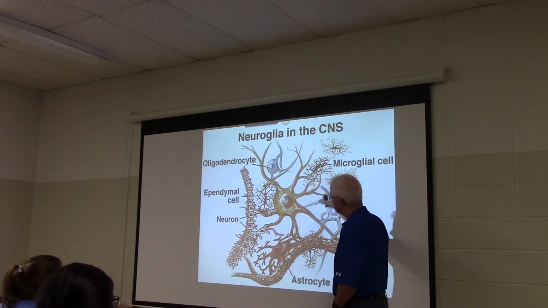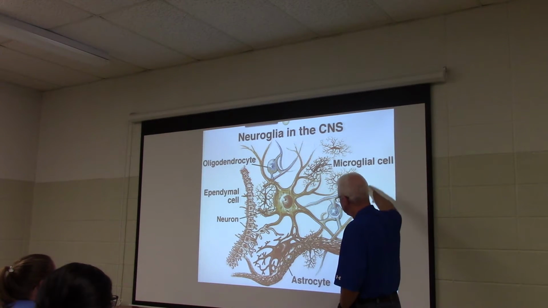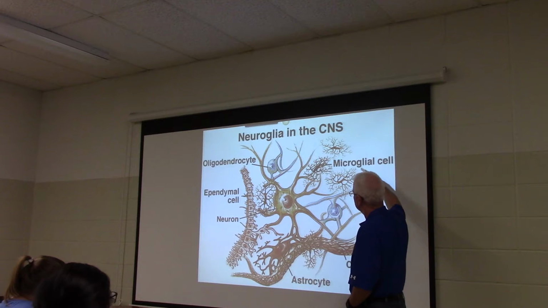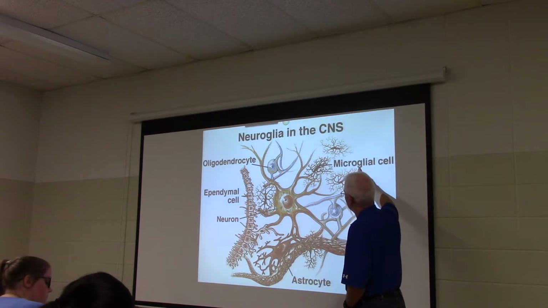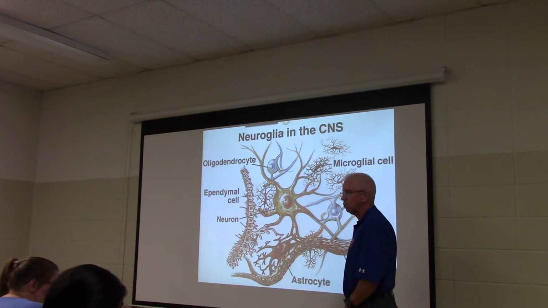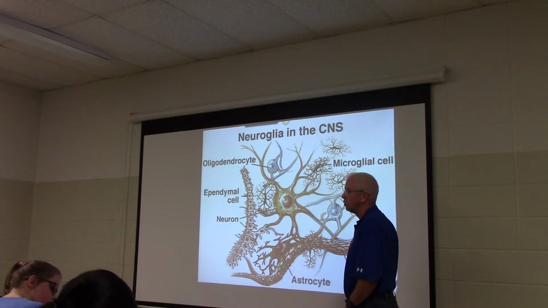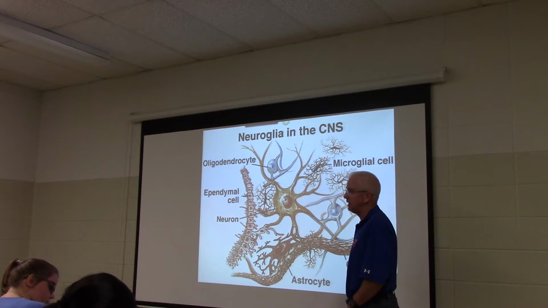So astrocytes, the ependymal cells, oligodendrocytes, the last one I'll mention for today is the microglial cell. Microglia, or microglial cells, are descendants of white blood cells. They are resident macrophages in nervous tissue.